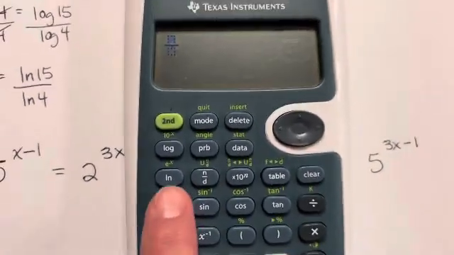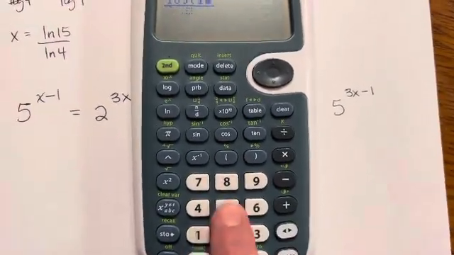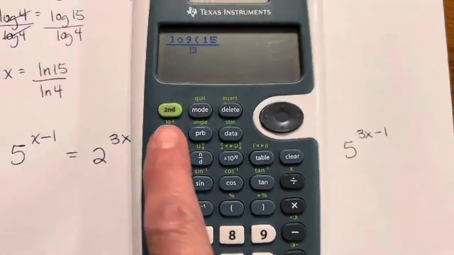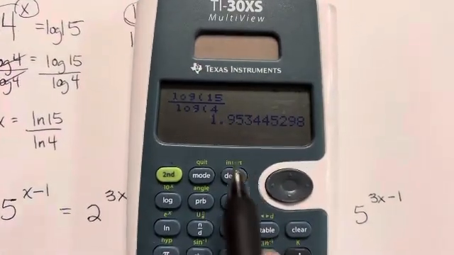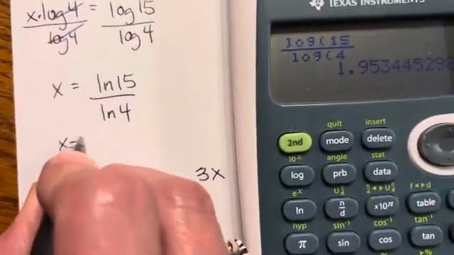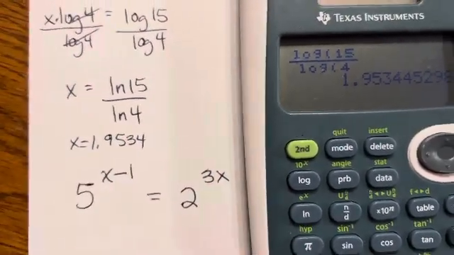But look, here's the log button. If I do the log of 15, and sorry, I'm going to have to back out so I can actually see it all over, and then I'm going to do the log of 4, and there's my answer, 1.9534. So this is the approximate answer with 4 decimal places, okay?